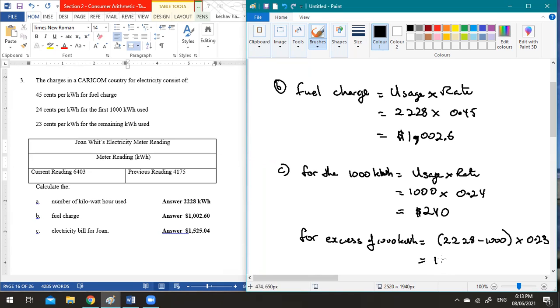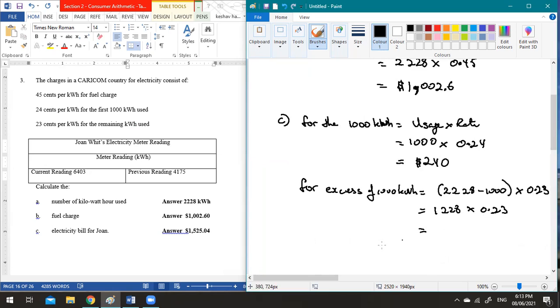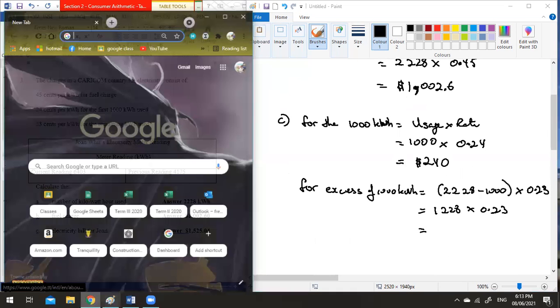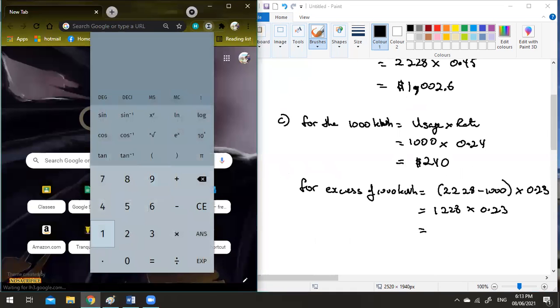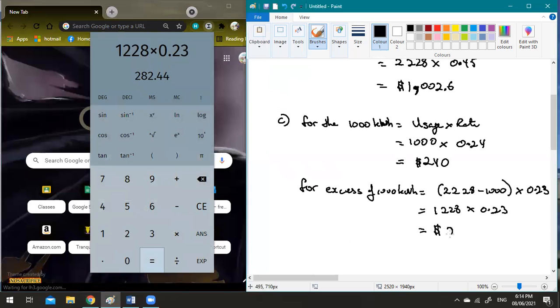So this would have been 1,228 kilowatts multiplied by 0.23, which equals $282.44.